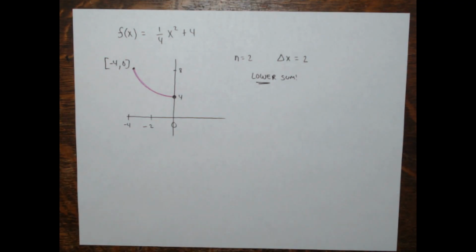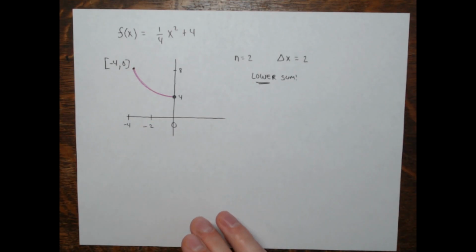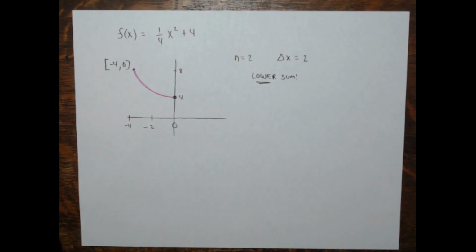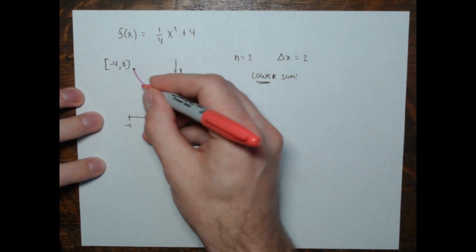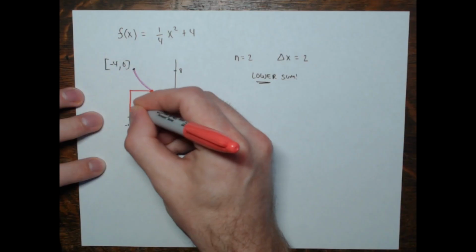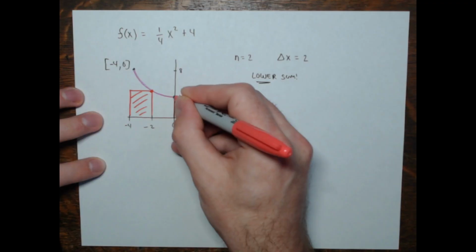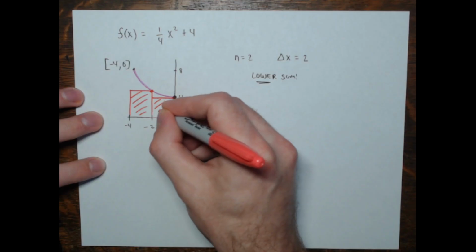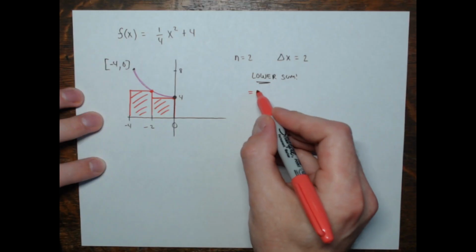So all that means is in each piece, I plug in the value that gives me the lowest height, the smallest rectangle. So in this first piece, the lowest would be at the right end because it's decreasing. So there's my lowest rectangle. And then same thing here, again, it's decreasing, so the lowest point is at this right end. So here's the rectangles that we got to add up for our lower sum.